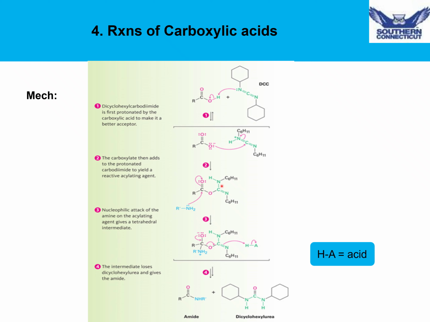Now they're joined together in the next intermediate. The amine will add to the carbonyl carbon through an acyl substitution, break this bond here. And then in the next step, which we see here, we can reform that carbonyl by eliminating the leaving group and therefore forming DCU plus the amide.